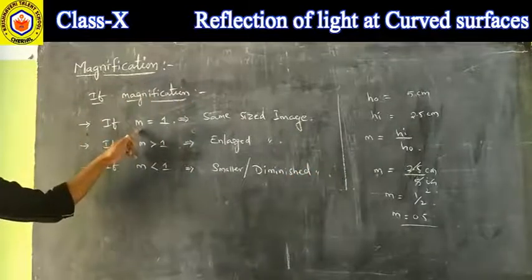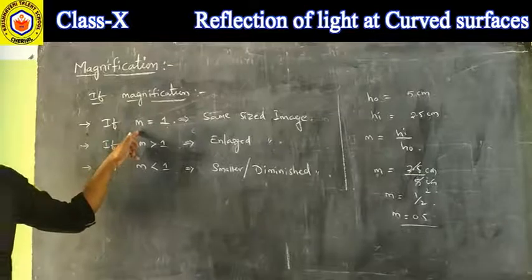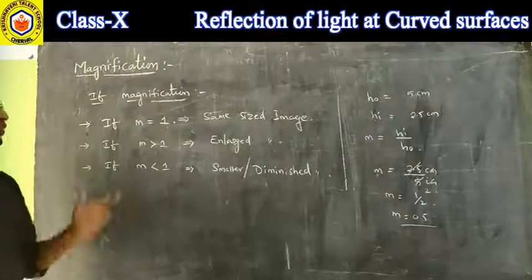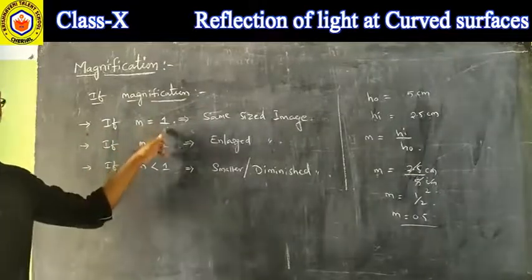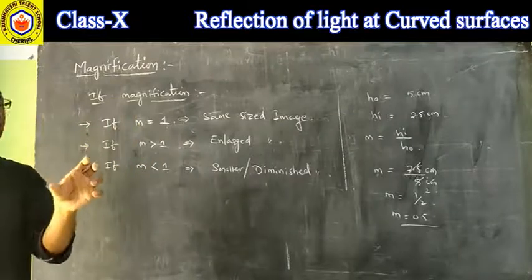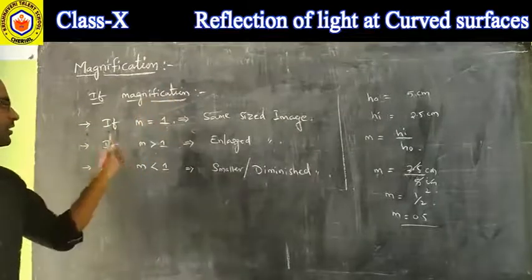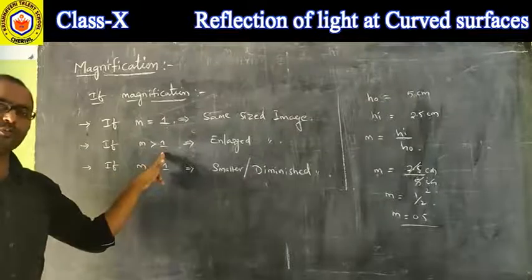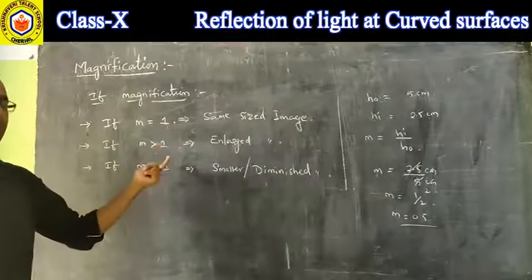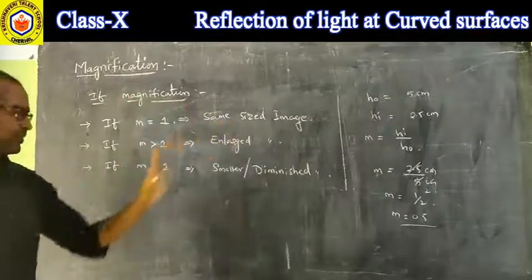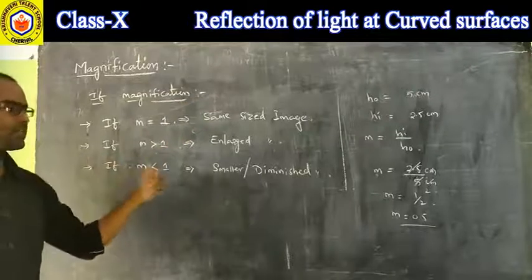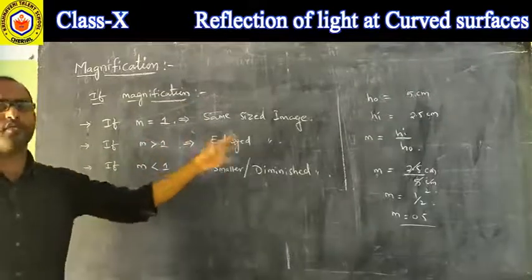So the magnification value will indicate the nature of the image. If the magnification of a mirror is always 1, the mirror forms always same sized images. If the magnification is greater than 1, it always forms enlarged images. And if it is less than 1, it always forms diminished images.